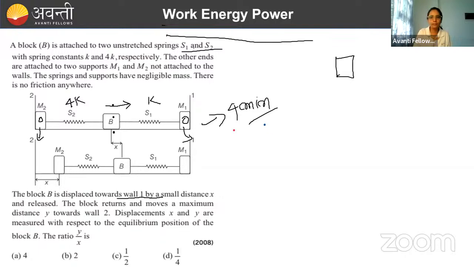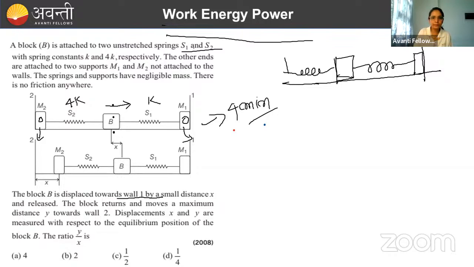So this is block B now, and this is attached with S1, and there is a mass here. Again, this is something like this. Done. And it is also attached with a spring here, and there is a mass again here, and there is a wall. Now what will happen? If I'm displacing it towards this side, this spring will start getting compressed.